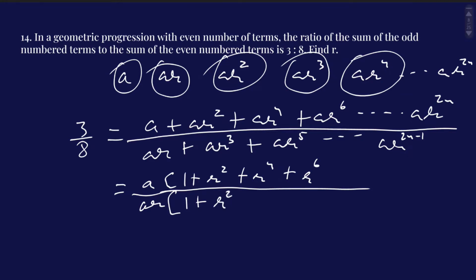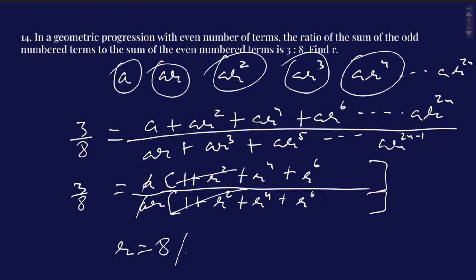Okay, so this is going to get cancelled. We are eventually left with a divided by ar is equal to 3 divided by 8. So a is going to get cancelled, and we will get r is equal to 8 by 3.